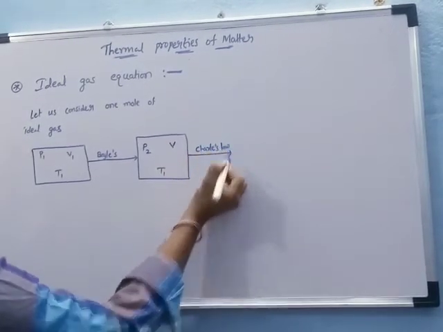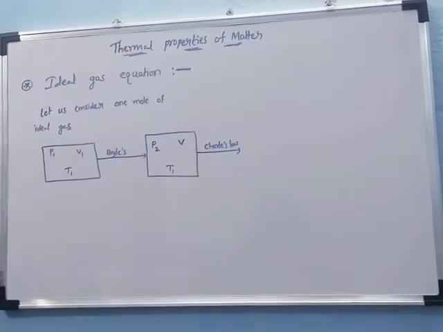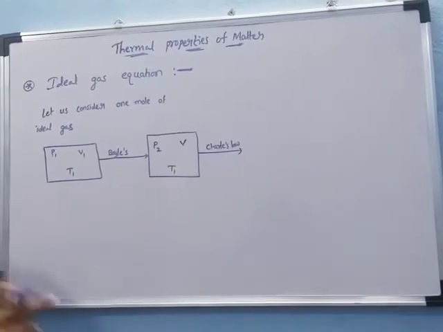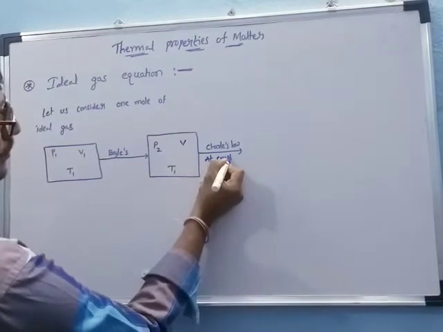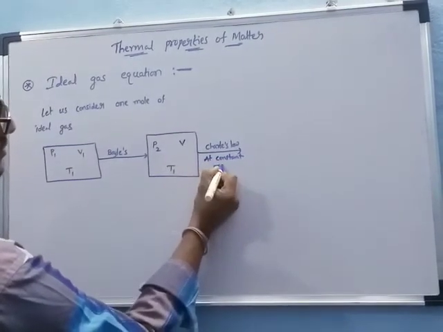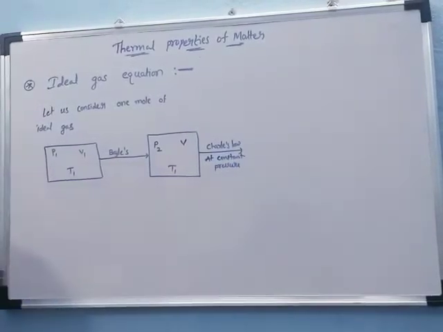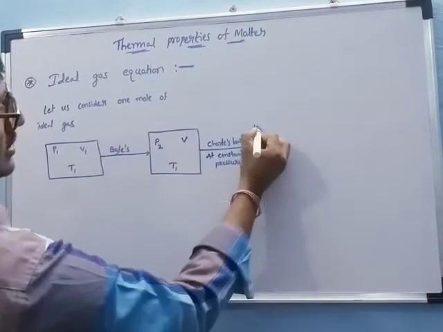Charles law. What does Charles law say? There are two conditions: at constant pressure and at constant volume. Here we take constant pressure. When the pressure is constant, the volume is directly proportional to the temperature.